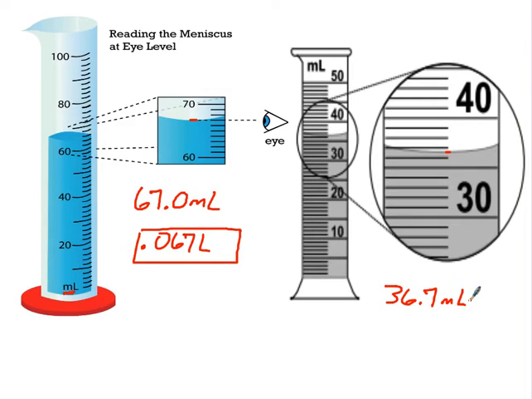You might say 36.6. You might say 36.8. It doesn't matter. That last value is estimated, but you need to have it to be doing good science. Again, you want this value to be in liters, so that's going to be 0.0367 liters. Okay? And that's what you would record in your data table. Cool. Let's look at another tool.